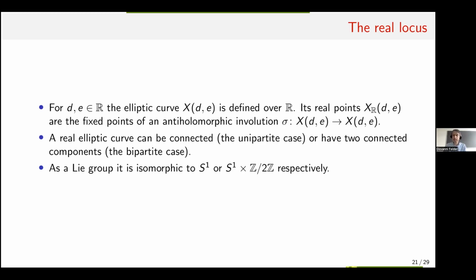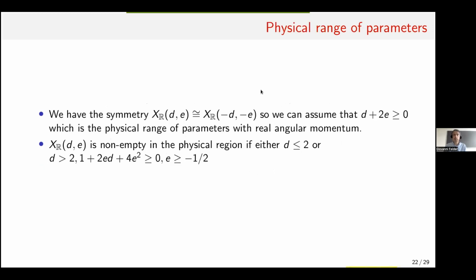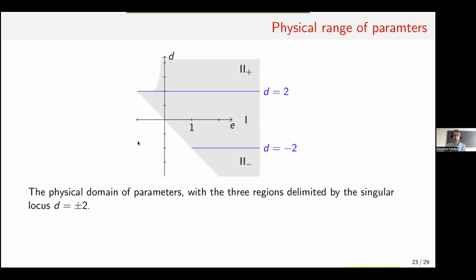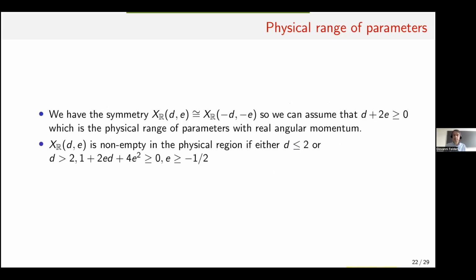Right, and then the question is, for which parameters do you have a non-empty level set? First of all, we have a symmetry: D and minus D are the same. So we can assume that D plus 2E is larger than or equal to 0, and actually, if you compute the angular momentum, this is the case where you have real angular momentum.